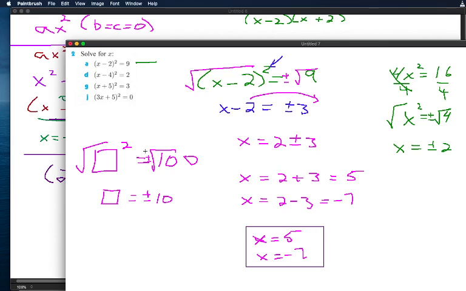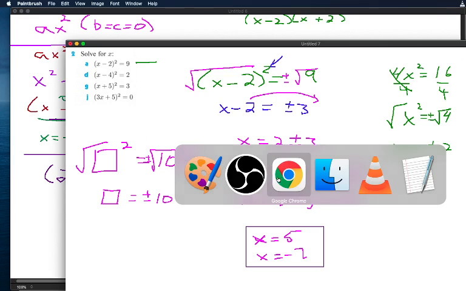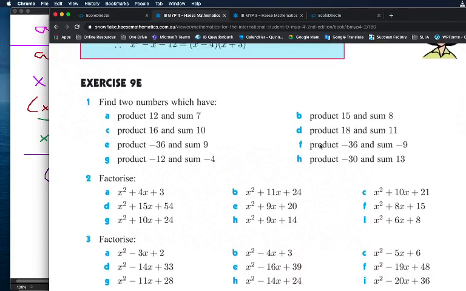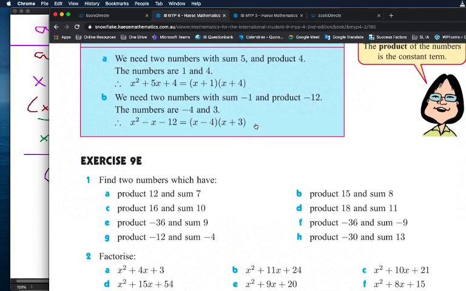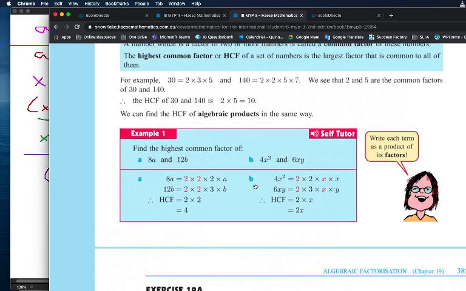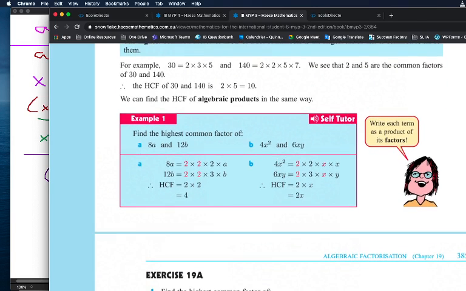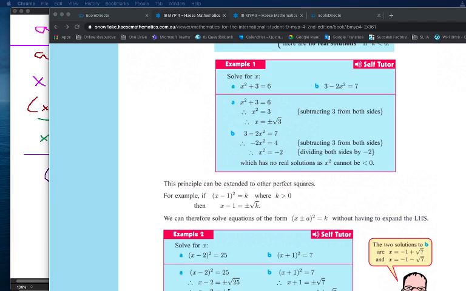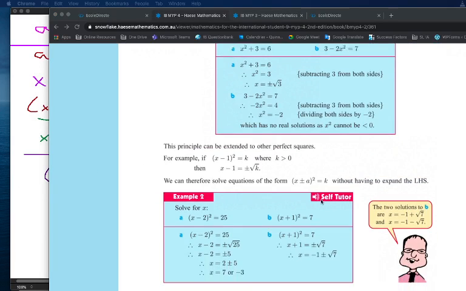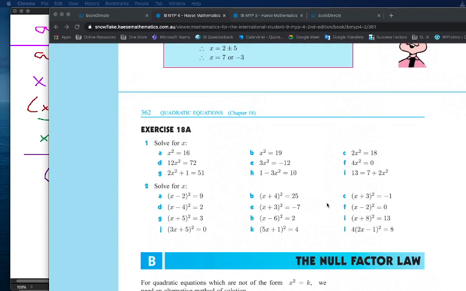So if we now go back to the book and look at all the different possibilities we have. So I found the page here. So let's just go over some of them here so that we can see how similar they are to some of the questions.